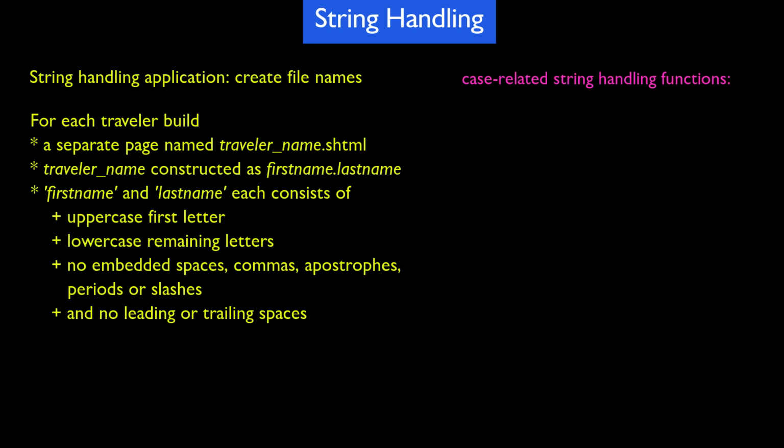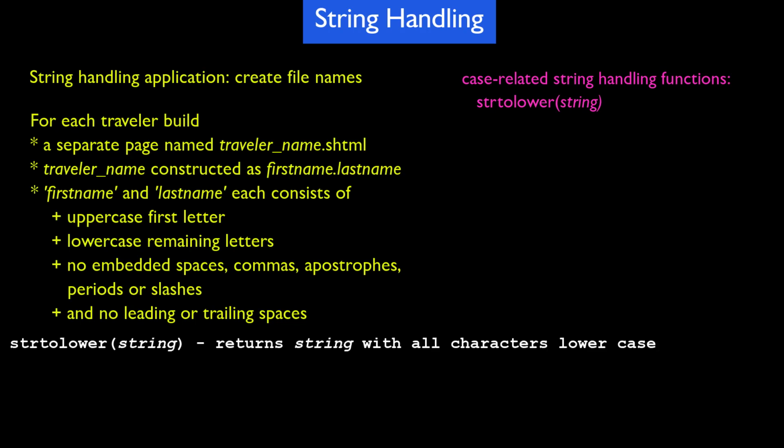Next, we have these case-related string handling functions. strtolower(string) returns the string with all the characters set to lowercase. Note, strtoupper(string) will return the string with all characters in uppercase.